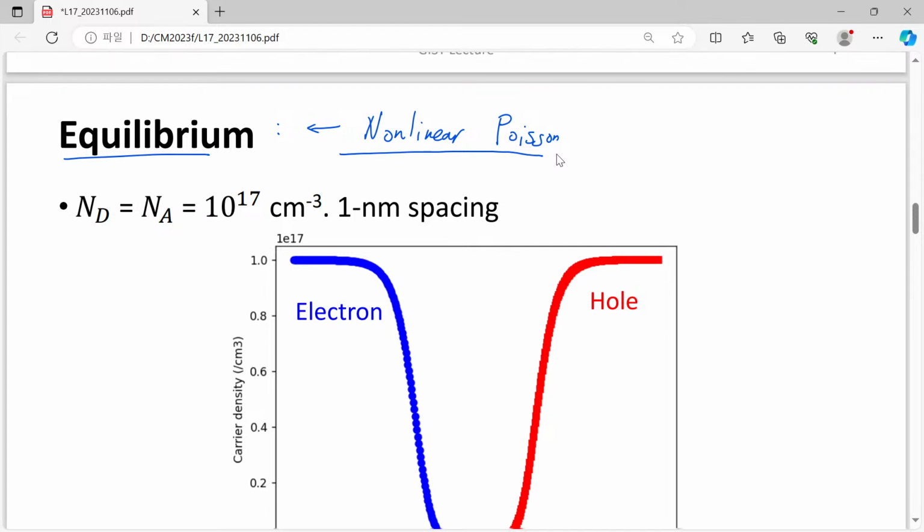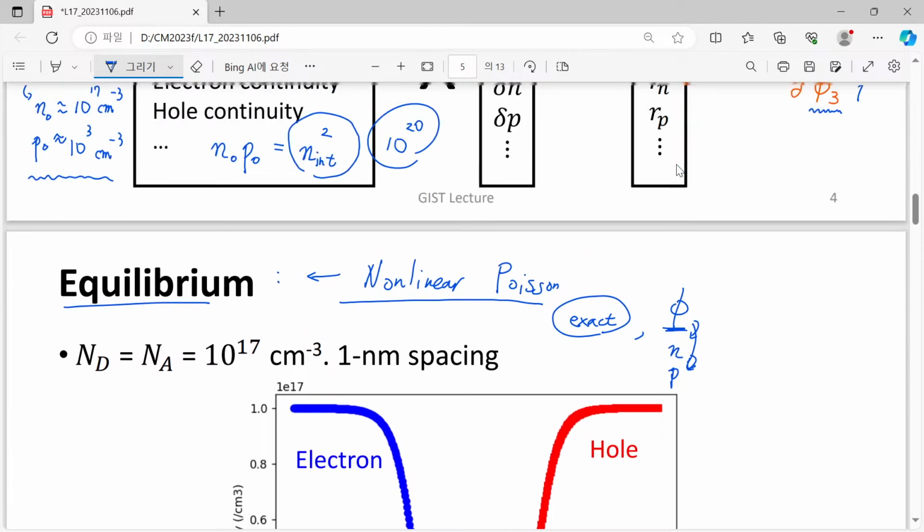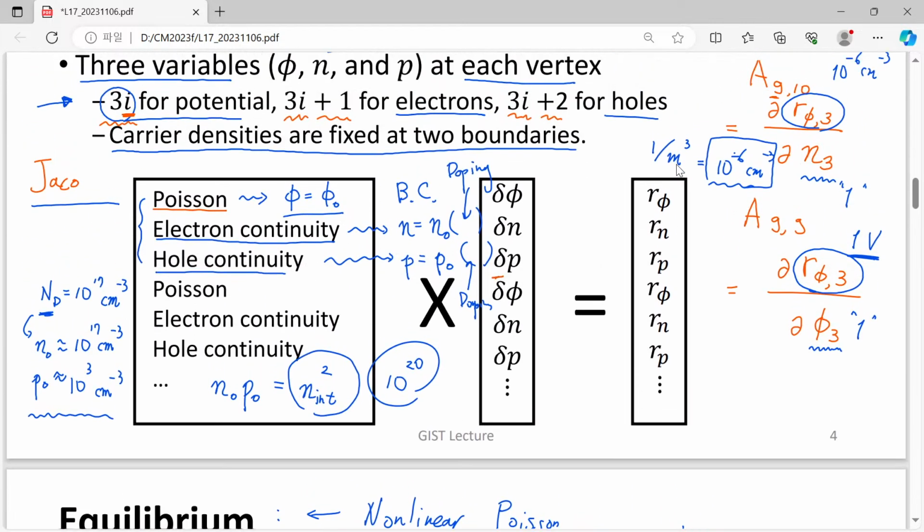So what you have to do is start from your exact solution. However, this solution contains electrostatic potential only. So reconstruct electron density and hole density out of your electrostatic potential, and make this grand system containing the Poisson equation, electron continuity equation, and hole continuity equation.